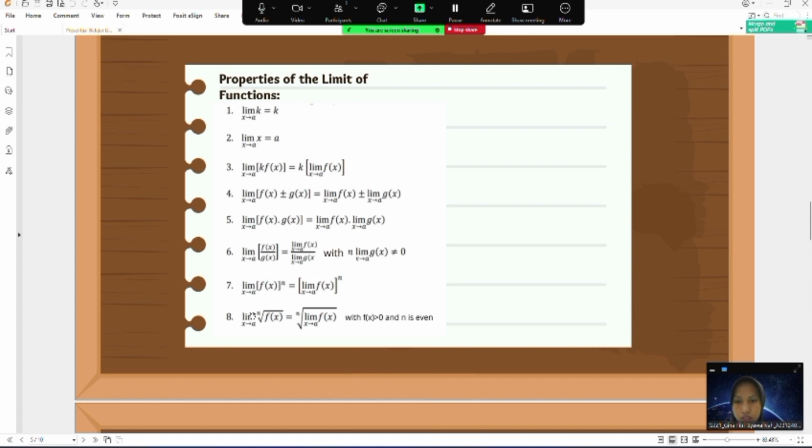That's the rule. Next is limit x approaches a for f(x) to the power of n equal to limit x approaches a for f(x), to the power of n.